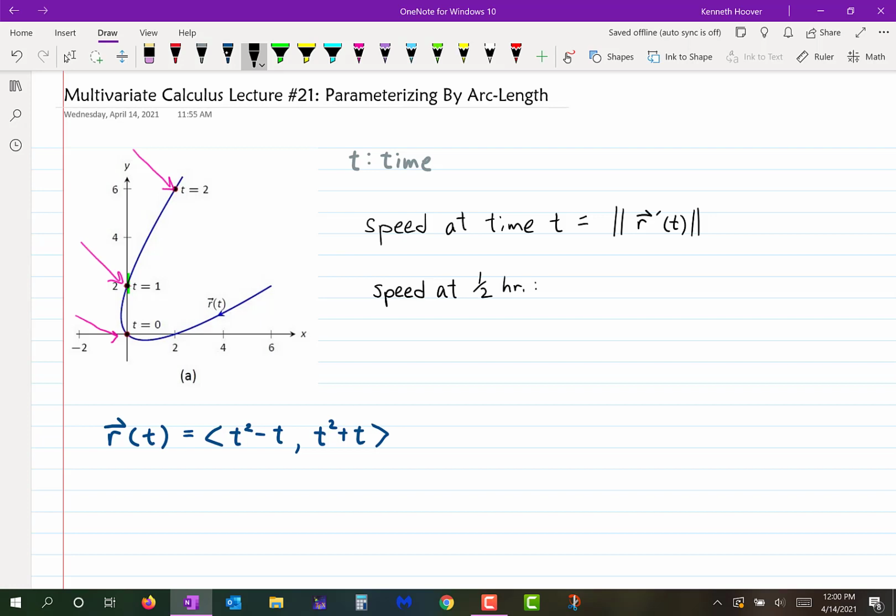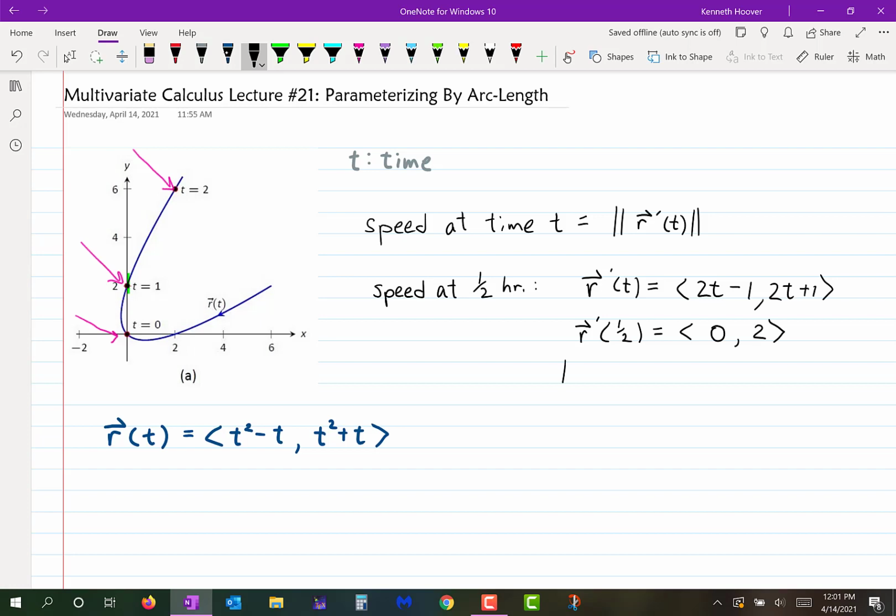Let's find r prime of t. That'll be 2t minus 1, comma, 2t plus 1. So r prime of 1/2 will be the vector 0, comma 2.